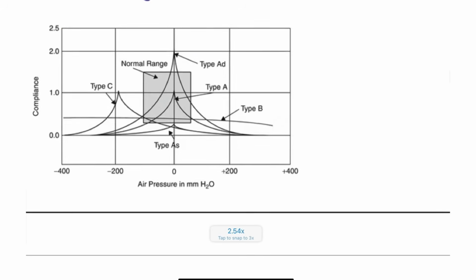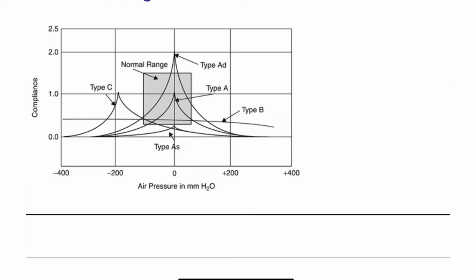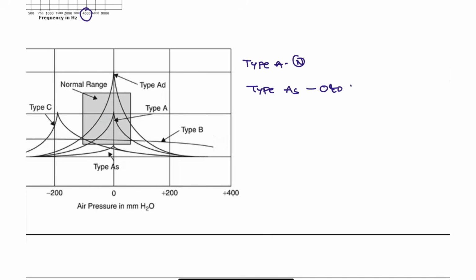Next, tympanogram. Tympanogram questions were asked last year only, so should not be forgotten. Type A is the normal tympanogram. Type As is seen with otosclerosis, bony degeneration.